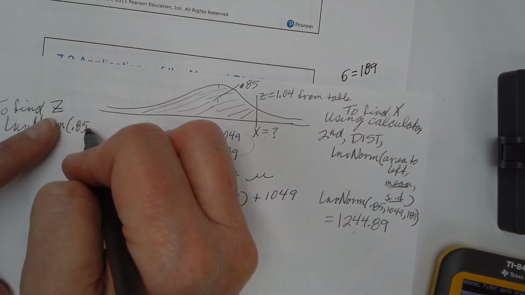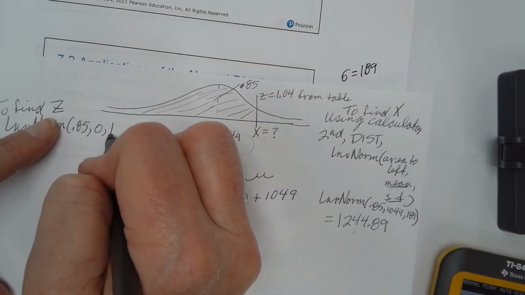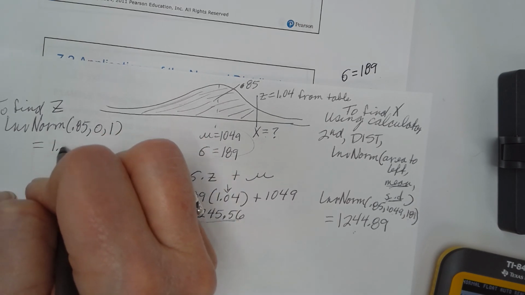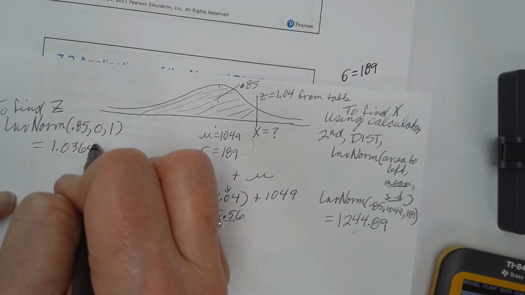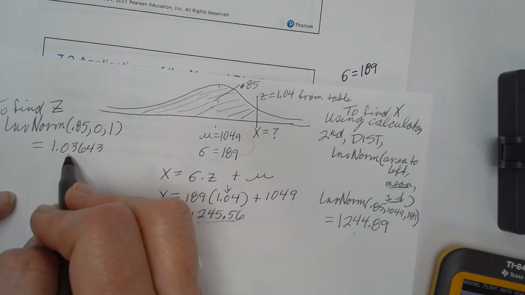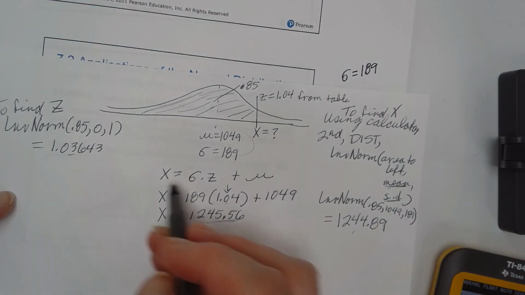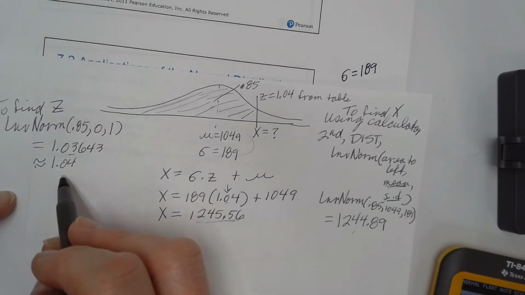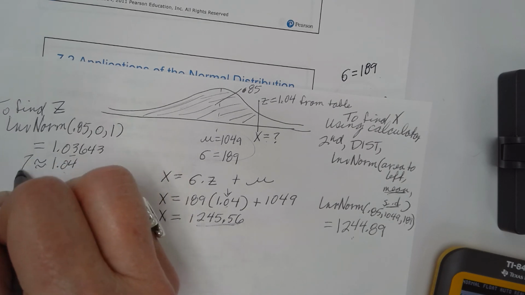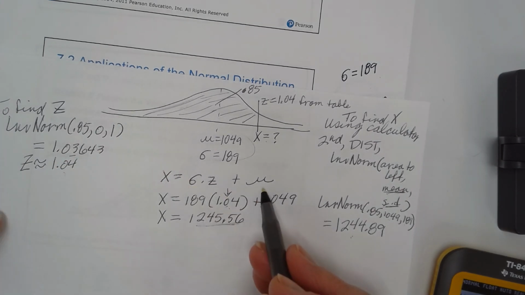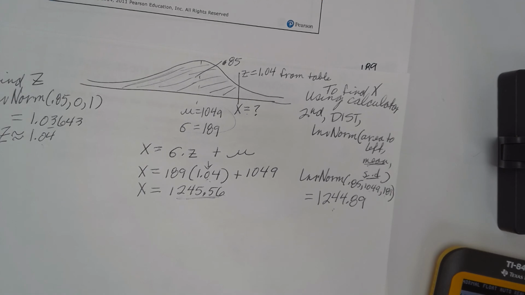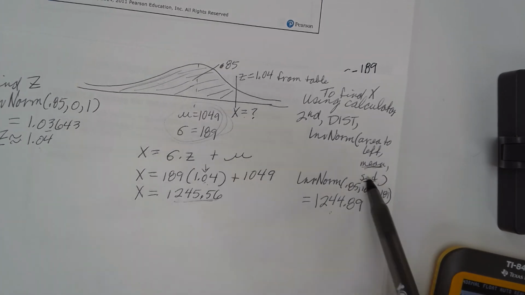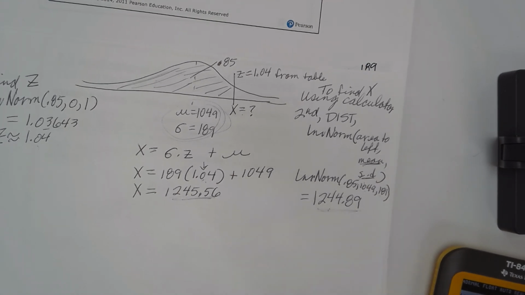So the mean, if I'm trying to find Z, is 0 and the standard deviation is 1. And that gives me 1.03643, okay? So that rounds to 1.04 that we got on the table, okay? So that gives me the Z-score that I can then plug into this formula, okay? But if you go ahead and put in the mean and standard deviation for the X values, then it's going to go ahead and give you the X value.